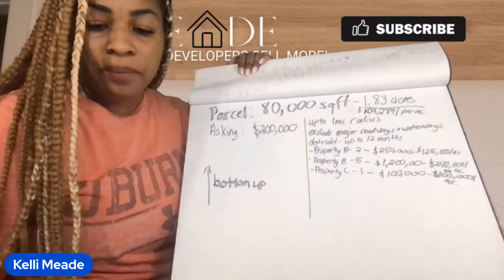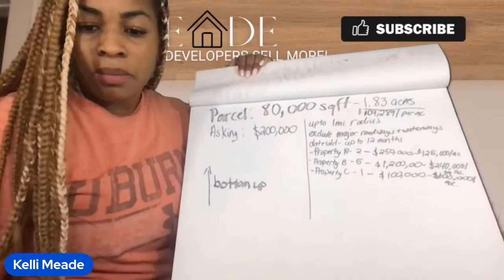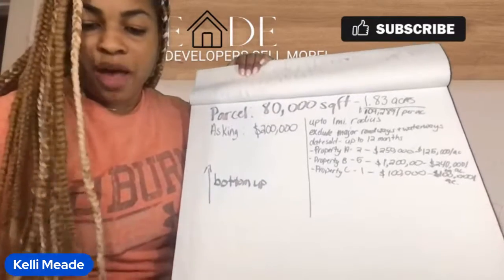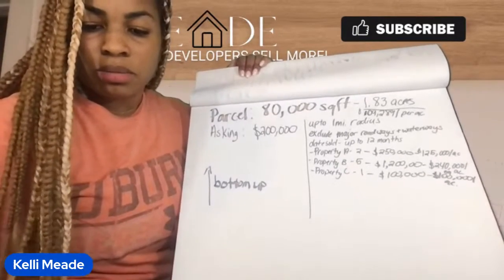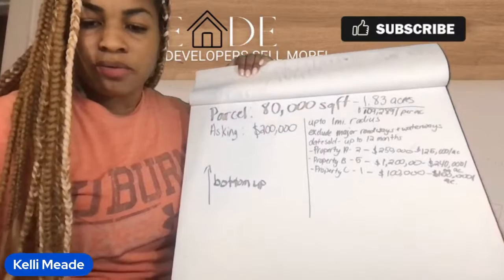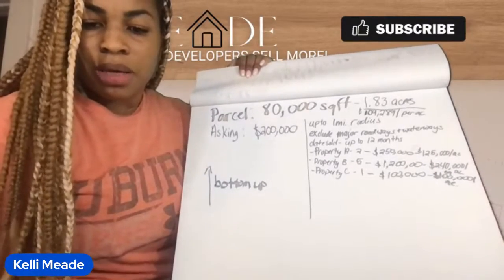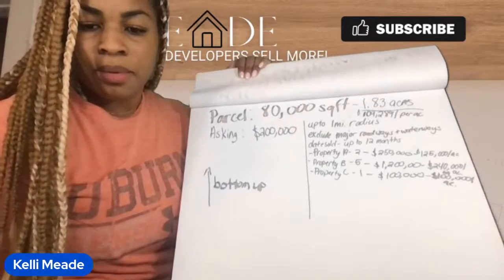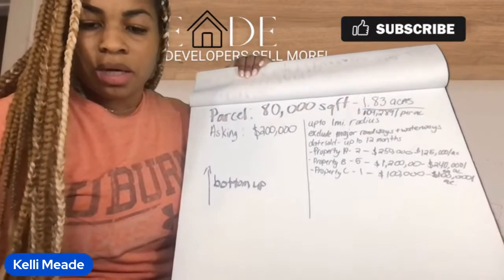So 240 plus 125, oh, here, 125 plus 100 divided by 3.